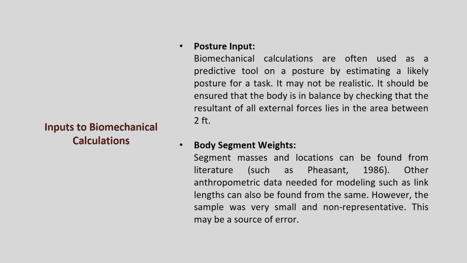Each segment has some proportional weight of the total body, like my head is contributing some percentage of my total body weight, my arm is contributing, my back is contributing, right. So, we should understand the segmental weight distribution, so that we know how it has an impact on the whole momentum generation.